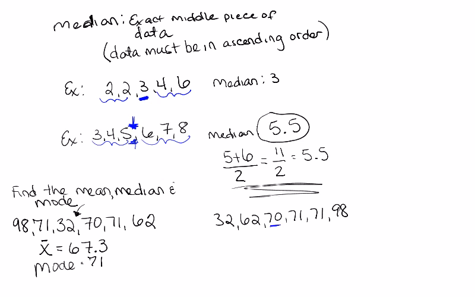True that at 70 we do not have an equal amount of data as we do above. And likewise, if I jumped over to 71, I'd be in the same boat. So I think we all realize that the median is going to be in between the two middle data values, because then we have an equal amount of data above and below that point. Well, halfway between 70 and 71 we know is 70.5. So the median of this data set is 70.5.